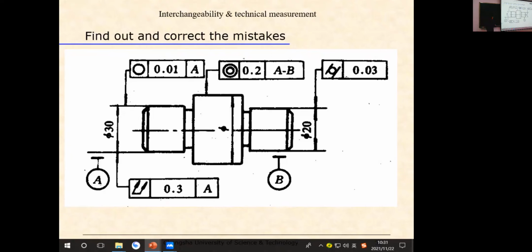Why is this line a cylindrical line? It's a space line in no direction. This is a straight line, we need to contain the line. We use a cylindrical zone to contain the line, and in this condition we need to add a phi. Okay, this is the first one.